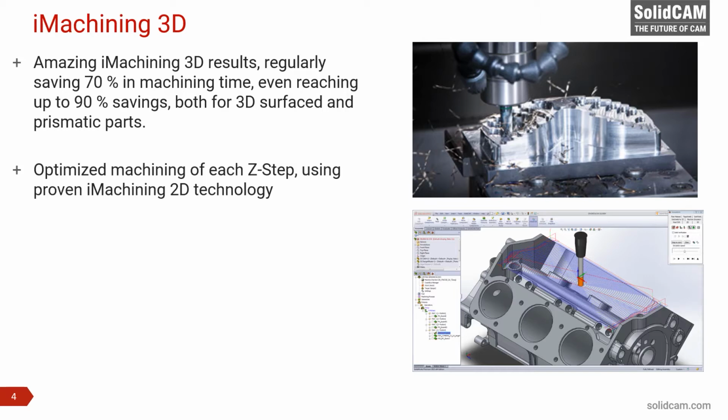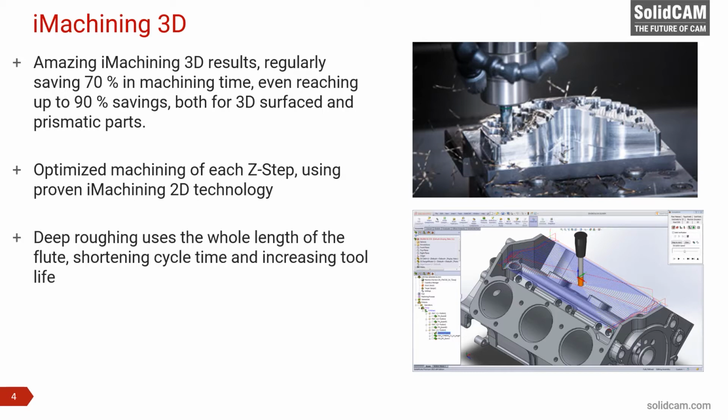We use the optimized machining for each Z step using the proven iMachining 2D technology. And then we do the deep roughing using the complete flute length of the tool, shortening the cycle time and increasing the tool life. This is already demonstrated in iMachining 2D. We are using the same functionality in iMachining 3D.